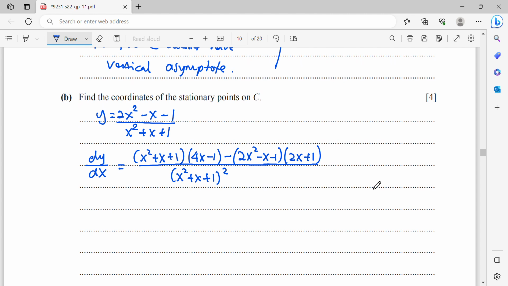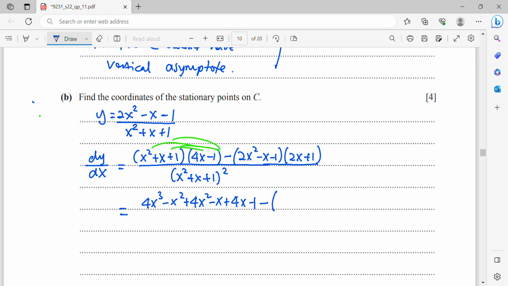Normally we will factorize the common term in the numerator, but unfortunately there is no common term, therefore we need to do expansion. Just expand one by one. I will get 4x cubed. x squared times minus 1 is minus x squared. Then 4x squared. x times minus 1 is minus x. 1 times 4x minus 1 will be 4x minus 1.